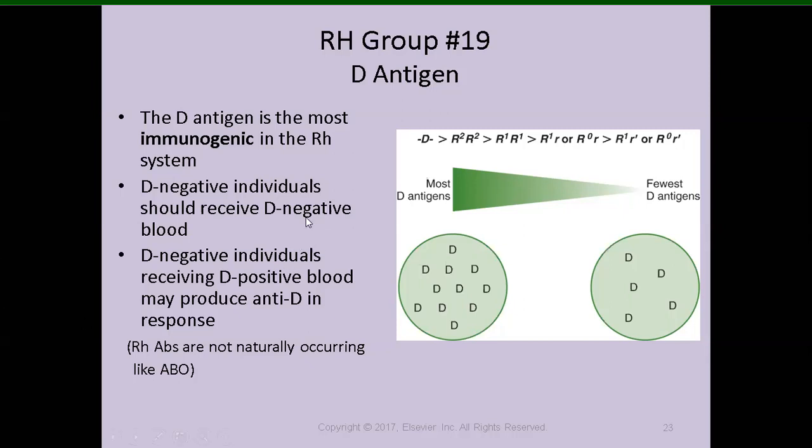But we will learn in another unit that there is something called RhoGAM, which is a shot that we give individuals who are Rh negative to prevent them from making anti-D. Okay, and so it's given a lot to Rh negative pregnant women. We'll learn about when and why.